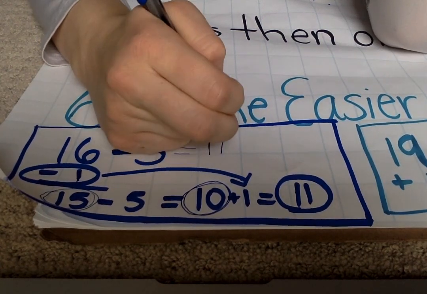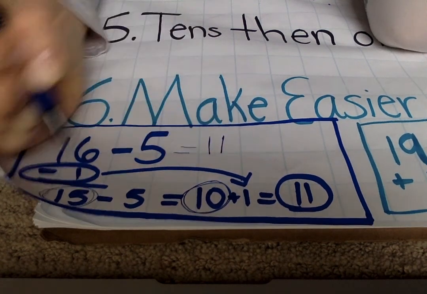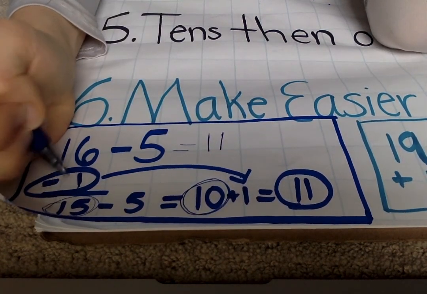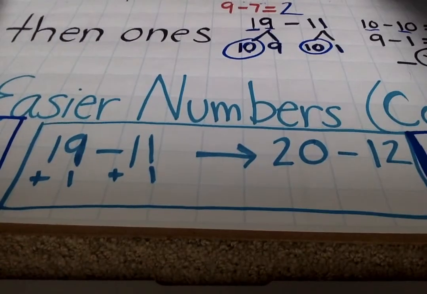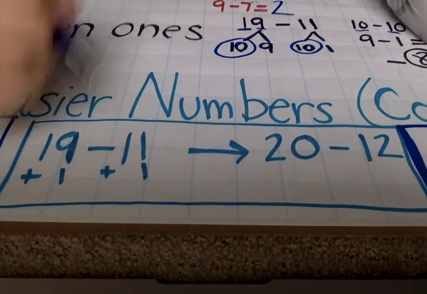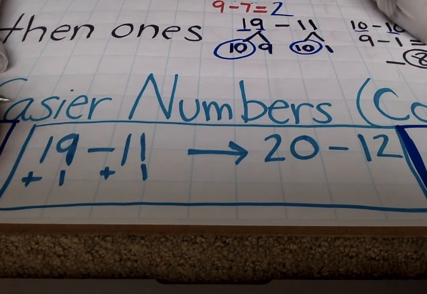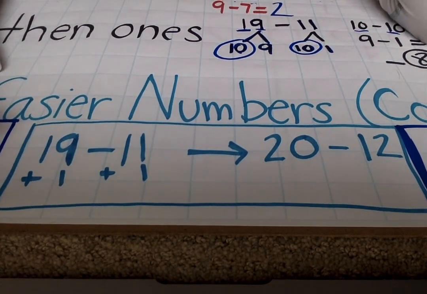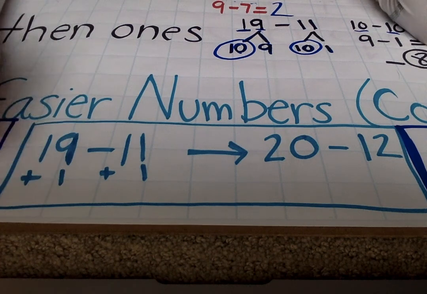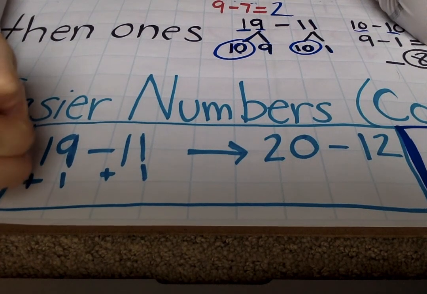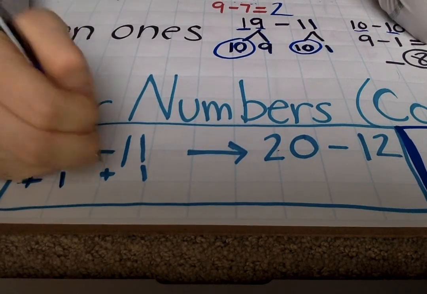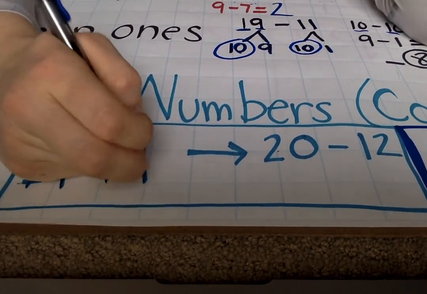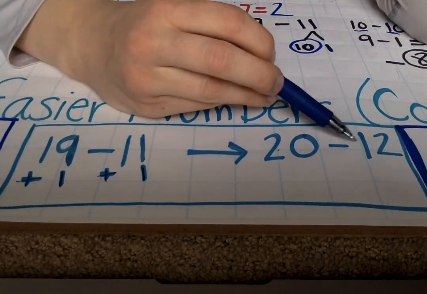There are actually a few different ways that you can make sure that you compensate or make up for the numbers you're taking away or adding to make easier numbers. Here's another way. 19 minus 11 is not so easy for me to do, but I know that 19 is really close to 20. So another way that I can compensate is by adding 1 to 19 to make it 20, and then also adding 1 to my 11 to make it 12.